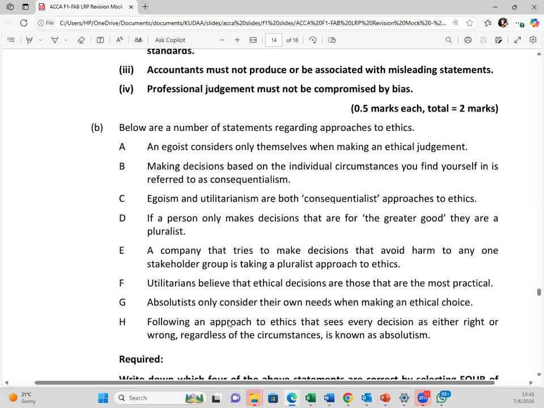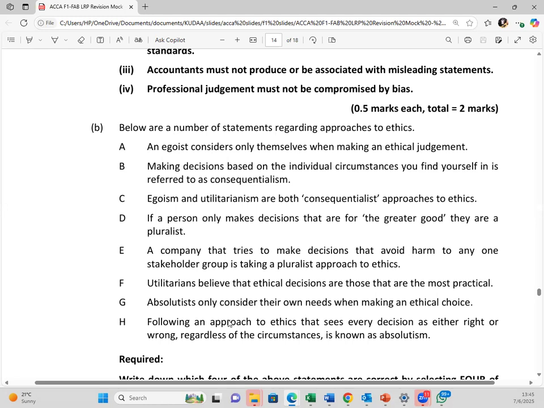So under the ethical approaches, we have the consequentialist approach, which says that if we are determining whether something is right or wrong, we might need to consider the consequences of their actions. So it's not every action that is wrong, but we need to consider the outcome of whatever they have done.